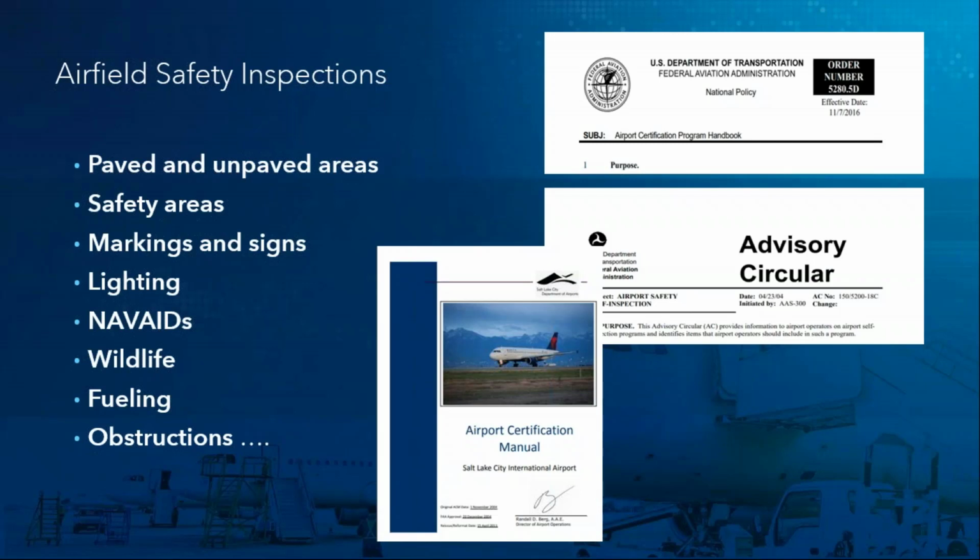What this really requires is that every Part 139 airport has to demonstrate that they've adopted both procedures and associated equipment to conduct inspections and to rapidly disseminate that information.